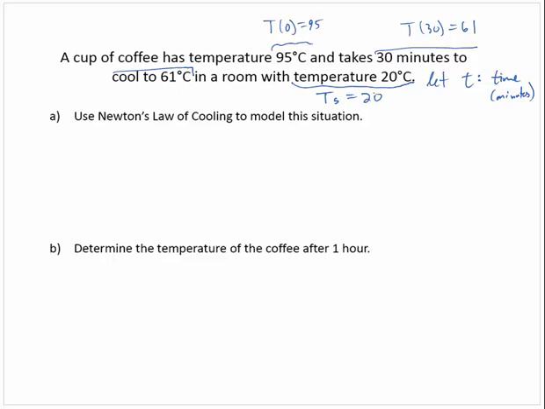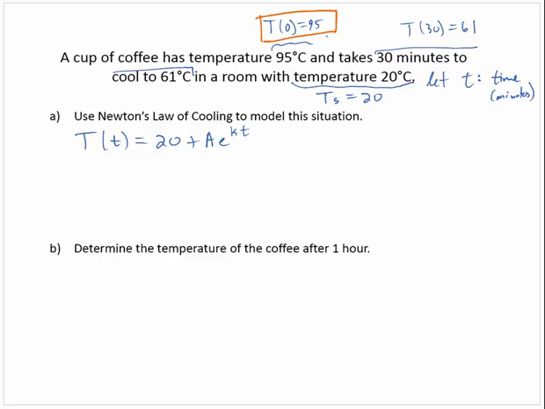So I can write now that the temperature at time t is equal to 20 plus some constant, A e to the kt. That's my general model. I have to figure out the value of A, and I have to figure out the value of k. I'm first going to start with the fact that T of 0 is 95.